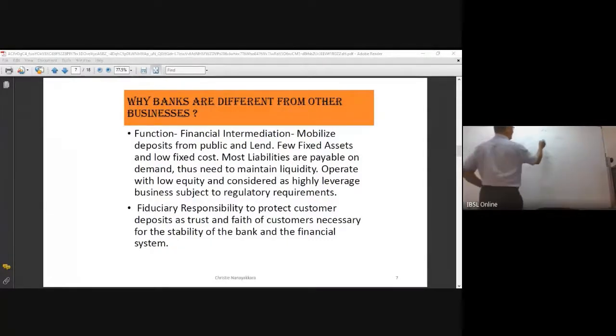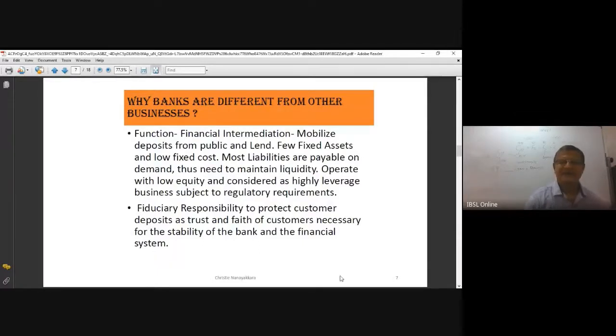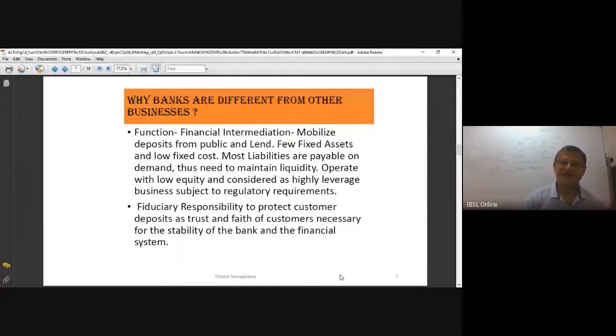We generally say, if you have a look at what I have drawn under current liabilities, most liabilities are payable on demand.